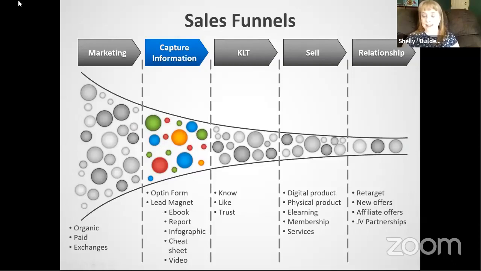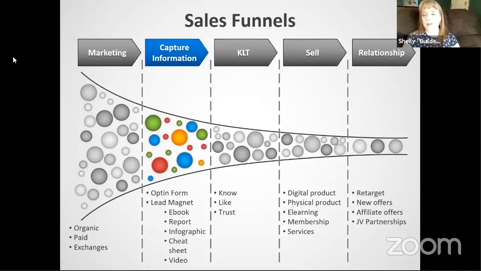And a lead magnet could be something as simple as an ebook, a report, an infographic, a cheat sheet, or even a little training video or information video. So all of that is designed to actually get the user to give you their name and their email.